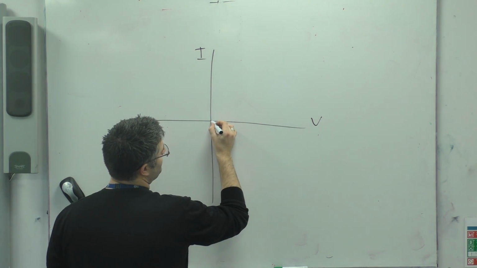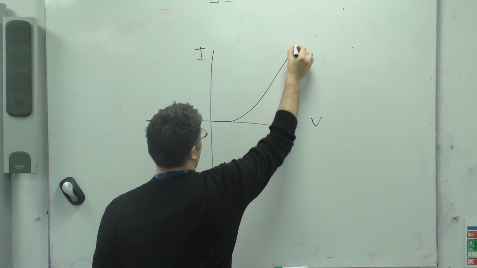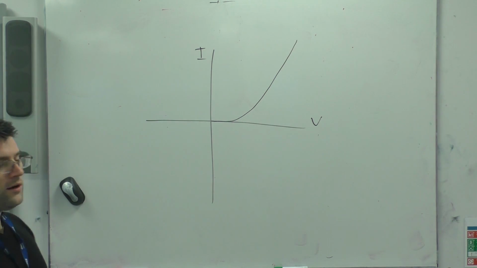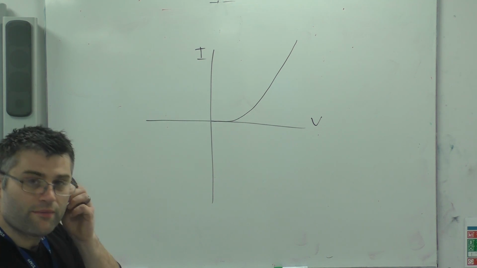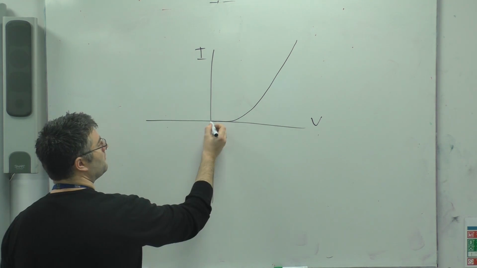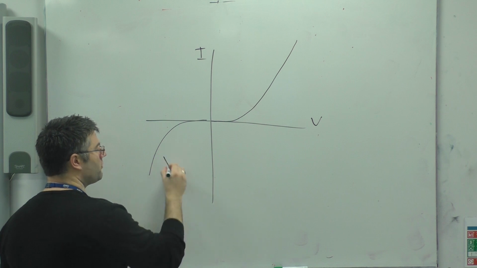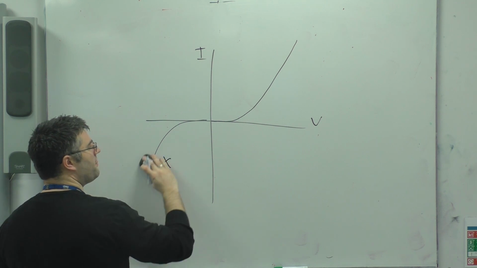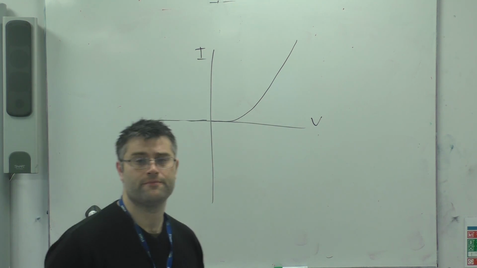It looks a bit like this. And you'll see variations on that. Now, some of you might be going, oh, does that mean it's the same the other side? Well, no, that's wrong. In fact, there is no line into the negative.